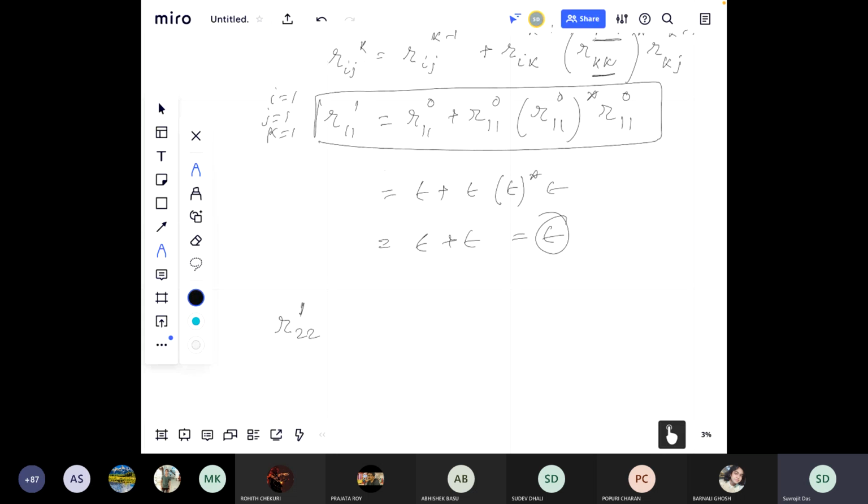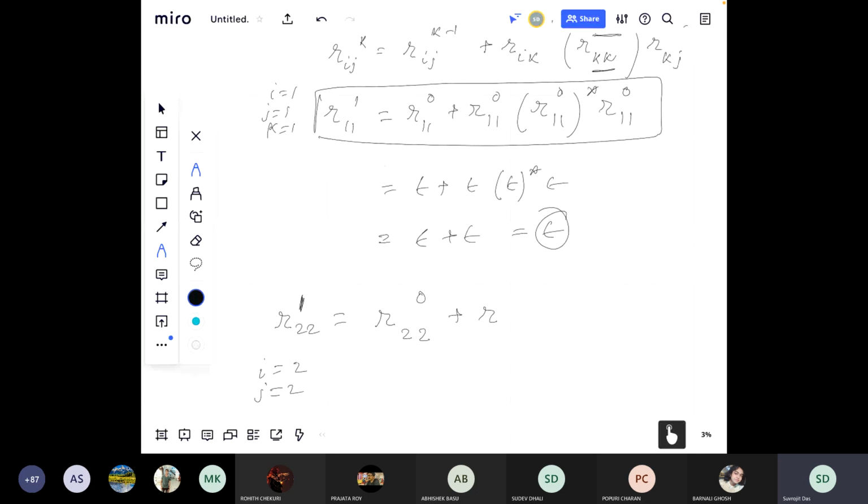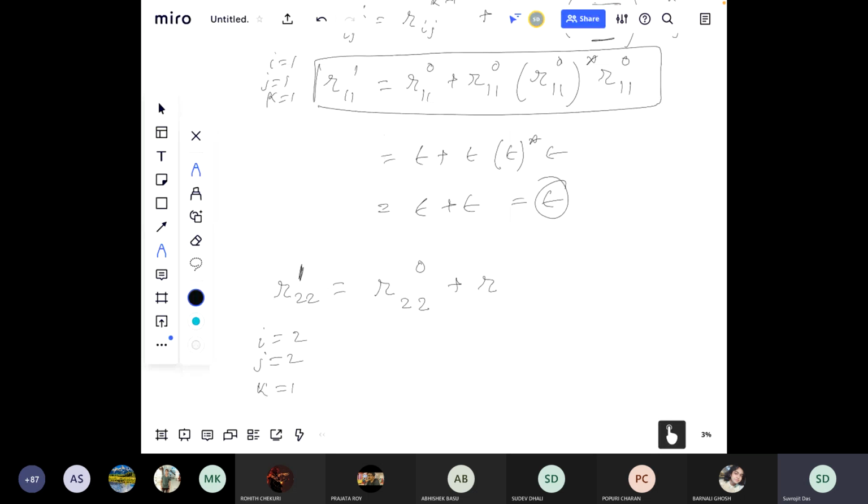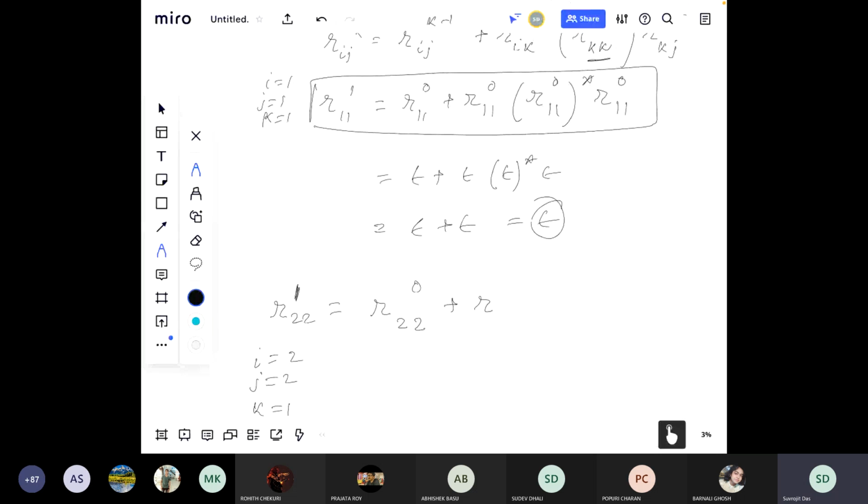R221, sorry. So R221 is R220 plus R. So here i is 2, j is 2, and k is 1, right? So it is R220 plus R210 plus R110 star plus R120.